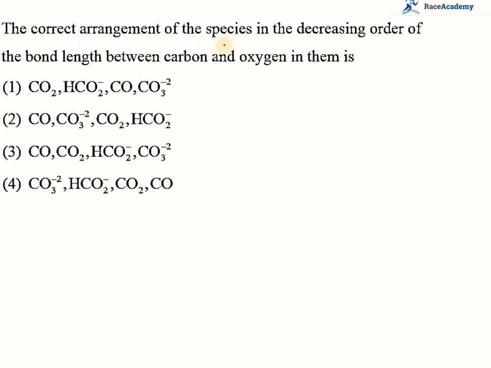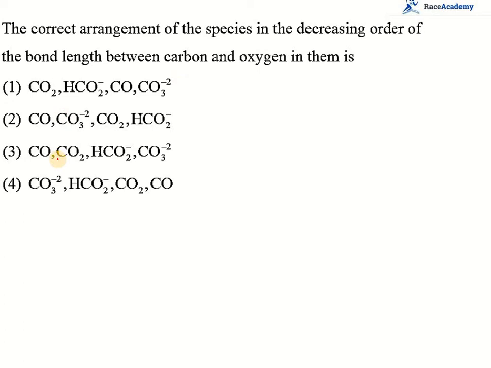Next question, the correct arrangement of species in the decreasing order of bond length between carbon and oxygen in them. In the options we have carbon monoxide. Carbon monoxide is a small molecule with a triple bond between carbon and oxygen. That is the shortest bond.